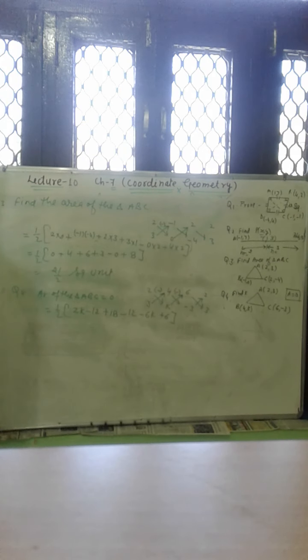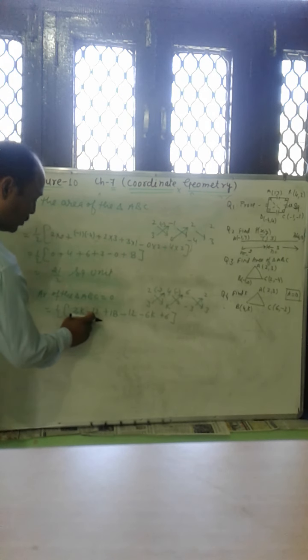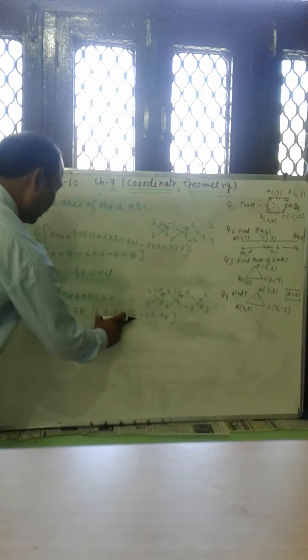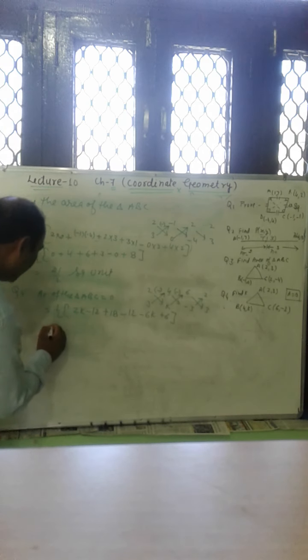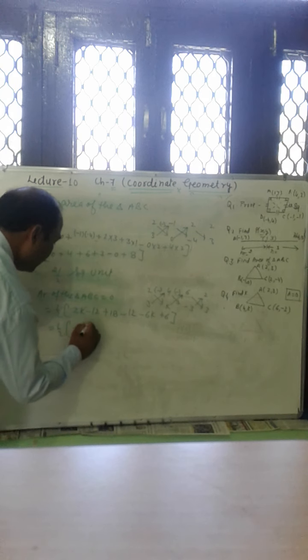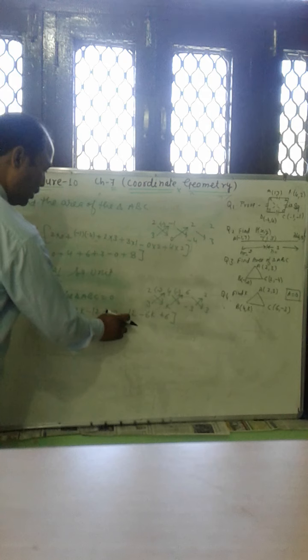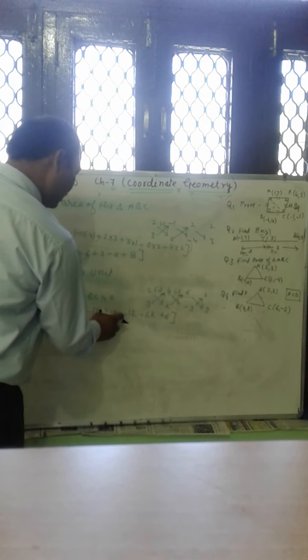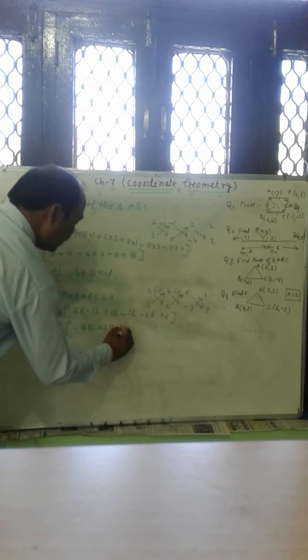Then here 12 and 12 is 24, or 24. 1 upon 2, here 2k or minus 2, that is minus 4k. Now here 12 plus 24, or here is 24. This is plus 24 minus 24 is equal to 0.